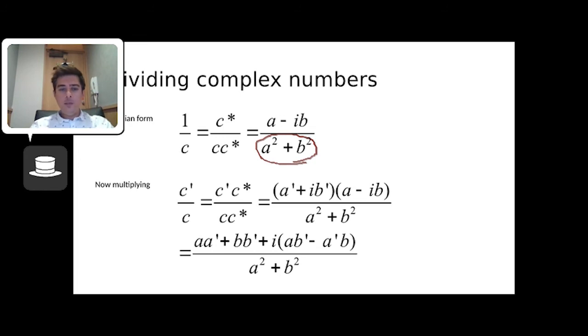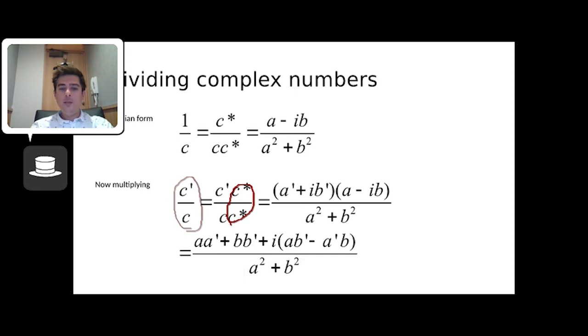So we can do that same trick to always get an expression which is a real number on the bottom, even if we've got a more complicated fraction. In this case, the fraction I've got here is c prime divided by c, so I'm going to multiply by this factor of 1.